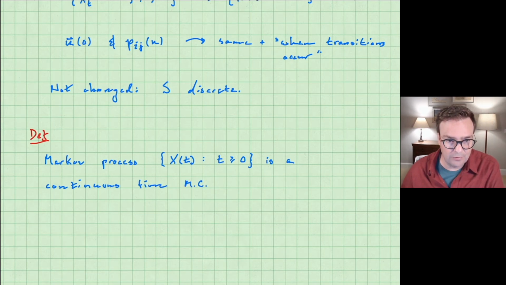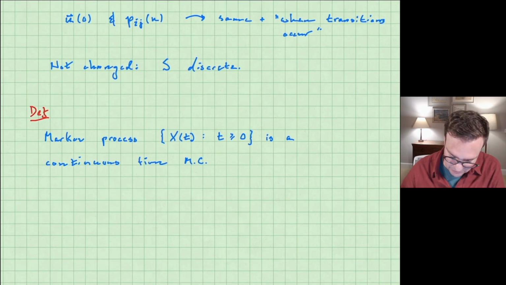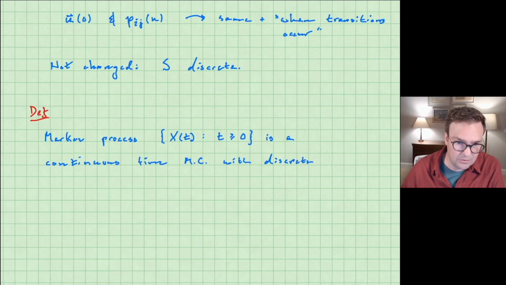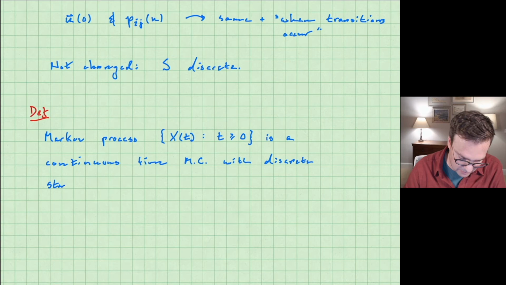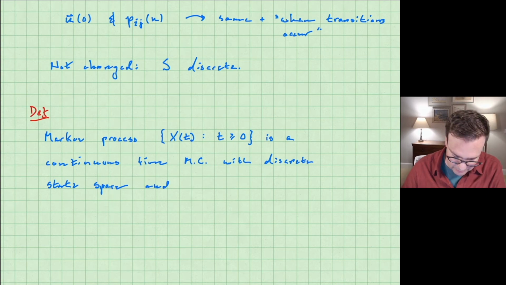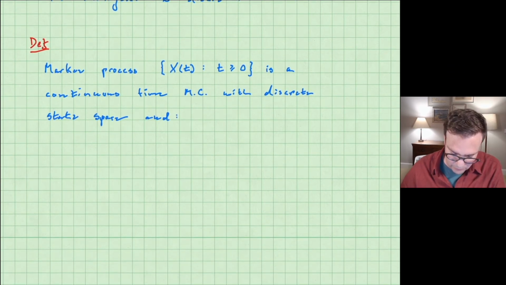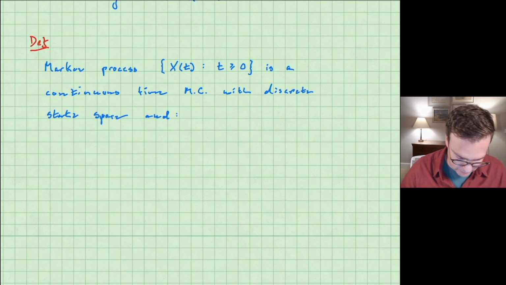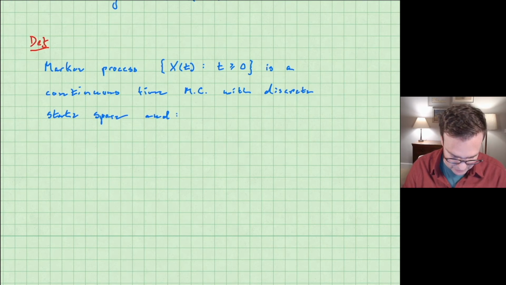So there's still some sort of memoryless property. It still has a discrete state space. And we'll write out the memoryless property here, the new version of it. It's going to be long, so we'll probably have to break this equation across 2 lines.